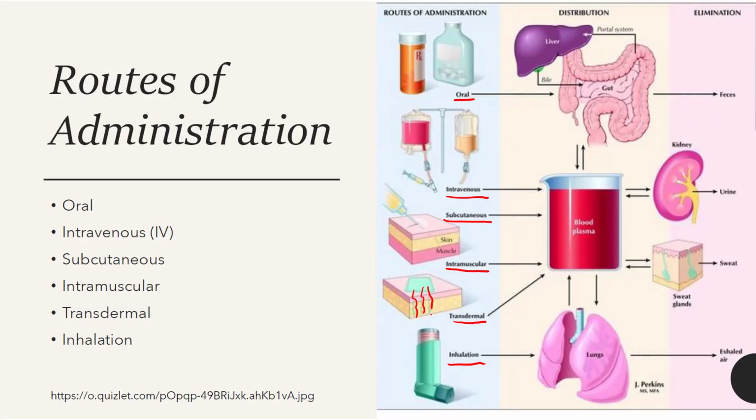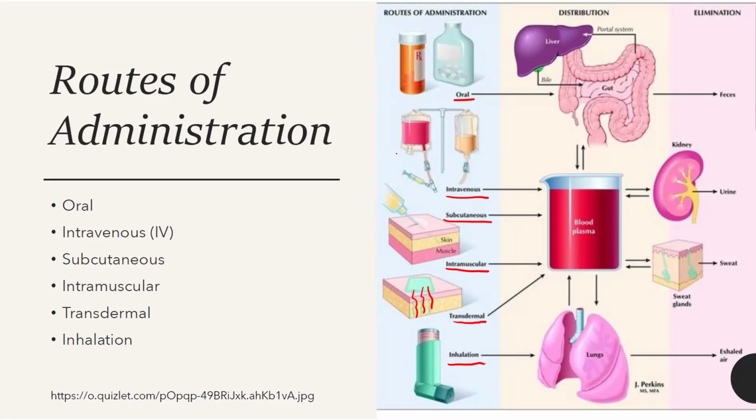If, however, you use transdermal, intramuscular, subcutaneous, or intravenous, then it's going to go through your blood plasma to your kidneys, to your urine potentially. It's also potentially going to go to your sweat glands and be excreted that way. Now, the nebulized or aerosolized compound is going to your lungs.